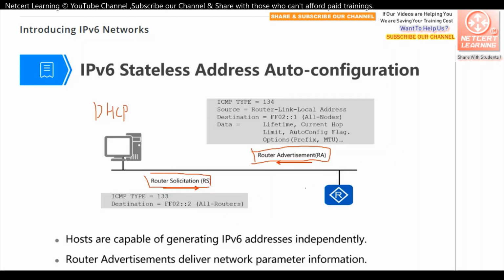The router will tell the prefix of this network, and the client will generate, or we can manually configure, the interface ID for the host. So finally, it will have the prefix plus the interface ID, and the host finally gets its IPv6 address. That is stateless address autoconfiguration.